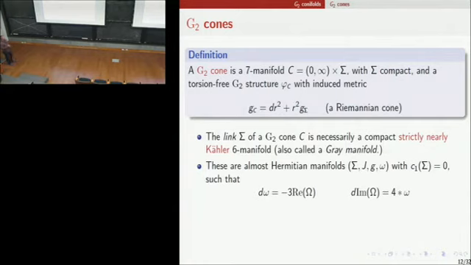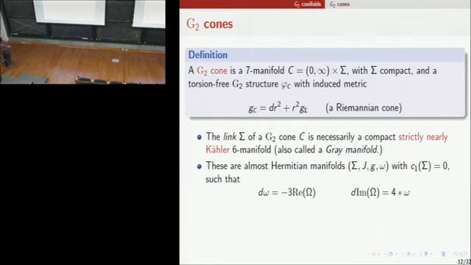And little omega and capital omega are related by these equations. These constants, as long as you scale them the same way, are slightly arbitrary, but this is the one that gives us the nice formula here. Otherwise, it'd be an overall scaling thing. So these are the strictly nearly Kähler 6-manifolds. So the cone over these gives you something with holonomy G2.